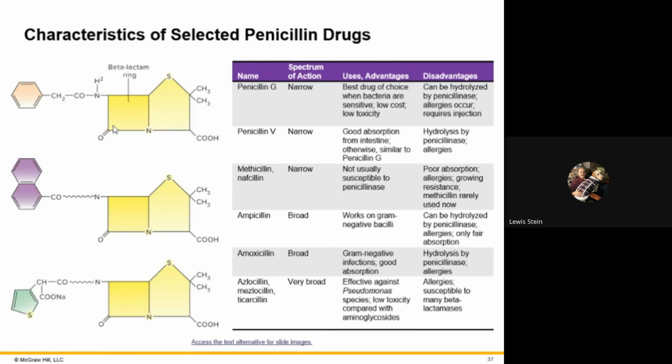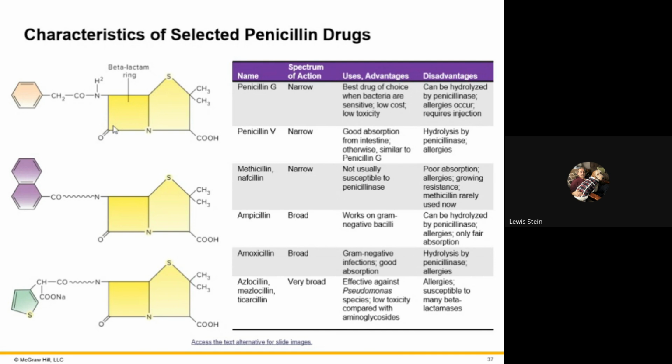So they began to tinker with this. And now you're down here to what's called ampicillin and amoxicillin. Names that you've heard before. For ampicillin, they ran into the same problem. They wanted to broaden the spectrum. Remember, we have narrow and broad spectrum. Broad spectrum PCN, I'll just use PCN for penicillin.